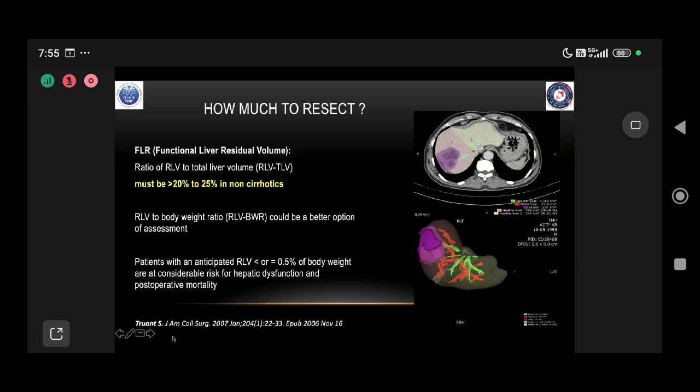And there are various formulae to calculate the future liver remnant. You can do a CT volumetry, which is manual, or you have semi-automated software available in the market to help you guide the transection plane as well as calculate what is left behind, and this will give you the future liver remnant.